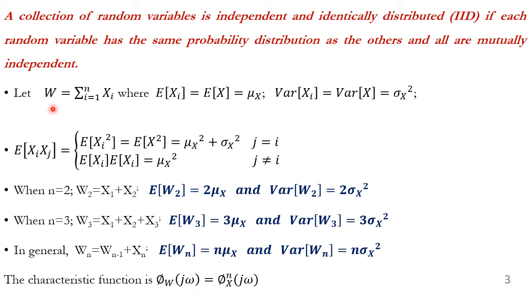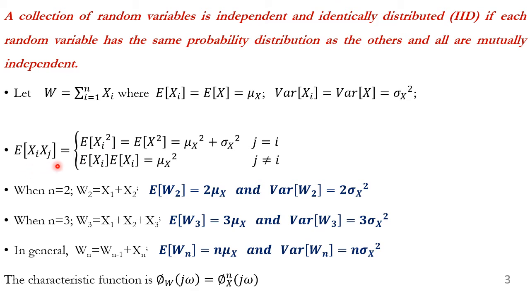Let us define W, that is equal to the summation of i varying from 1 to n of Xi, where expectation of Xi is equal to expectation of X, that is equal to the mean of X, mu x. Variance of Xi is equal to variance of X, that is equal to sigma x square.